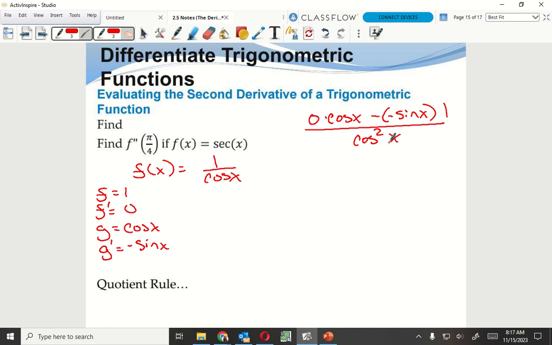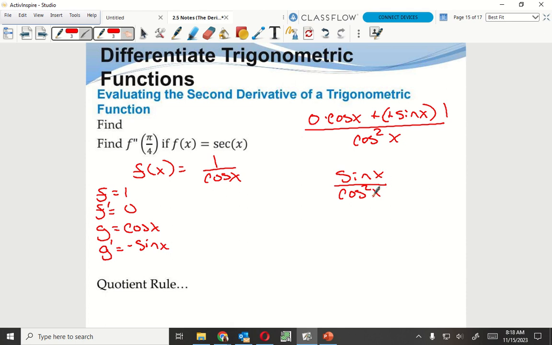All right, negative, negative. Two negatives are going to make that a positive. 0 times anything is 0. All right, so this cosine is going to go away. And then it's just negative, negative, make that sign be a positive times 1, which is sine. So I'm going to end up with just sine x on top and cosine squared on bottom.